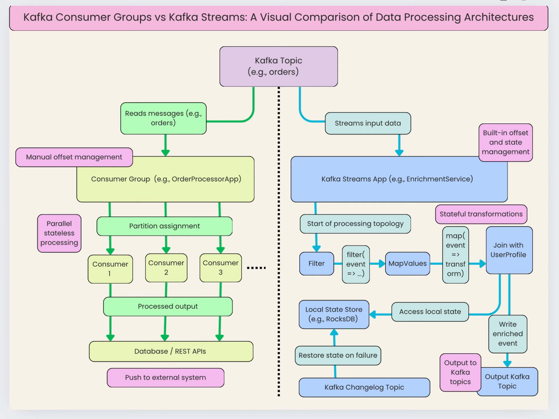Now let's shift to the Kafka Streams path. Unlike consumer groups, Kafka Streams is a Java library for building real-time distributed stream processing applications within your code base. It consumes records from Kafka, but instead of sending them to external systems right away, it processes them through a chain of operations like filters, maps, joins, and aggregations, all inside the application itself.